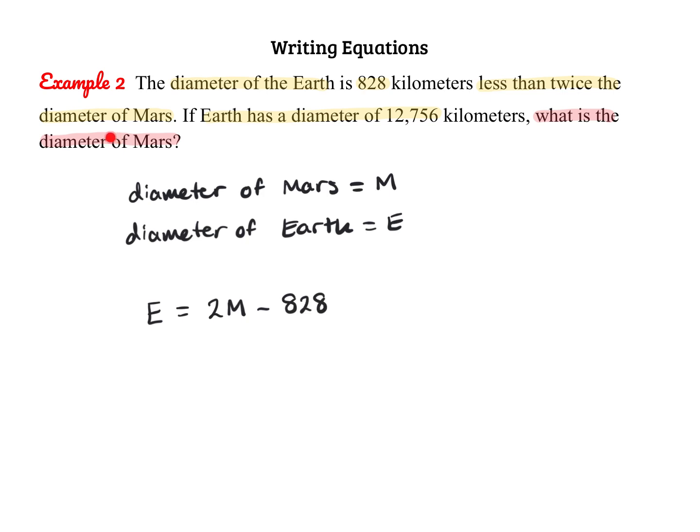So we know for this problem, they're asking us to solve for the diameter of Mars. So I'm first going to isolate that m variable. So we have 2m equals E plus 828. So m equals (E plus 828) divided by 2.